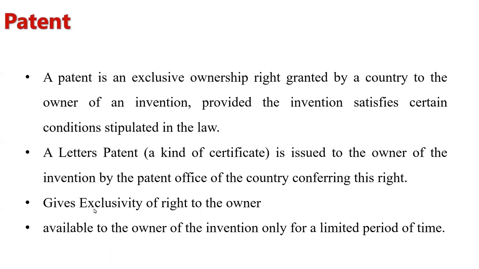So this will be the power of the inventor or owner, that he can, as per his wish, give consent to another person to use that product. So it is up to the owner only.